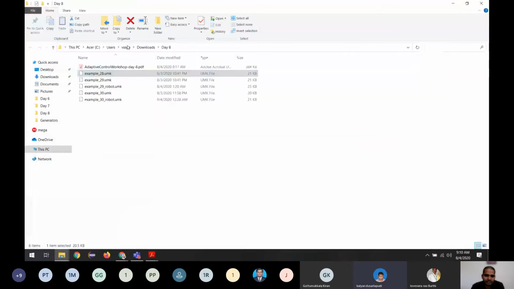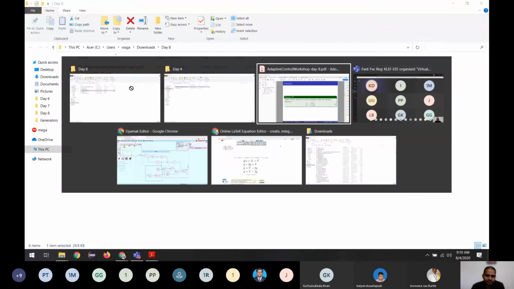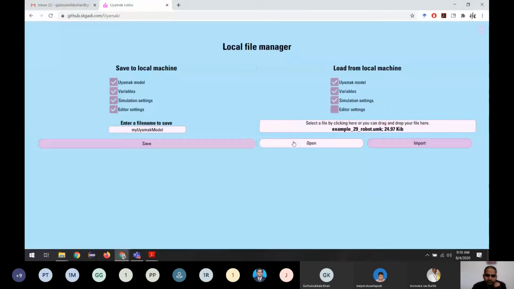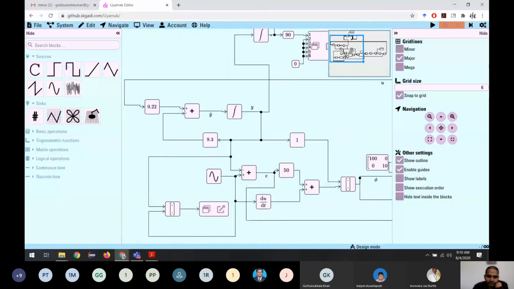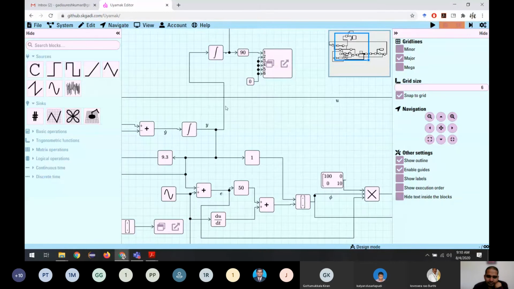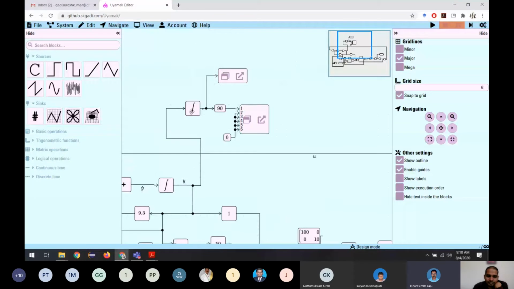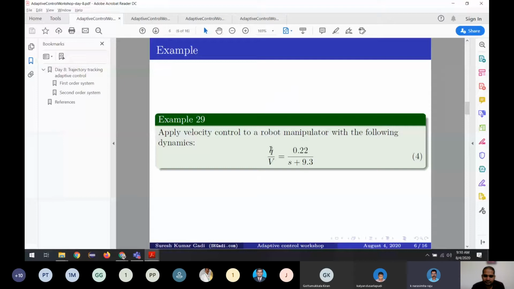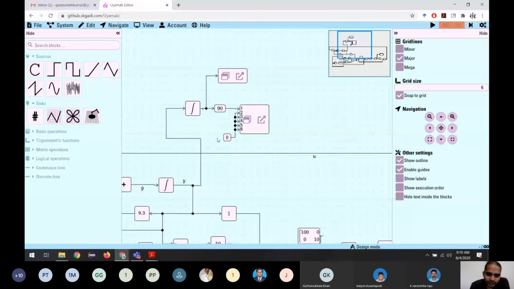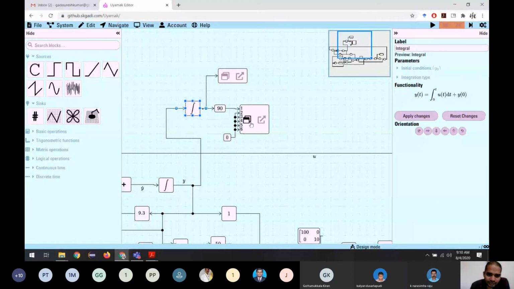Here we apply the same thing that we had, and we are integrating it because what we are doing is velocity control. If you see, this is velocity. So we are controlling the velocity. If you want to see the position, we will integrate it. So this is the output we will get.